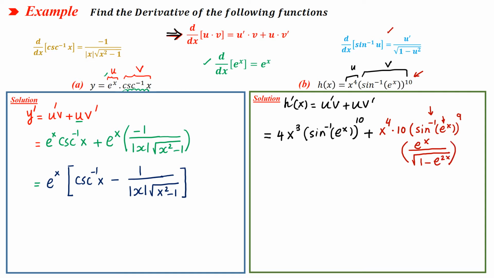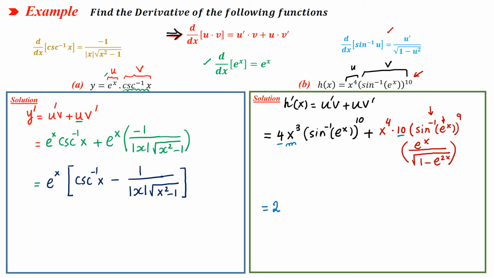Now by simplifying and taking the greatest common factor between two terms, it can easily be seen that between the two numbers 4 and 10 we have the greatest common factor 2.